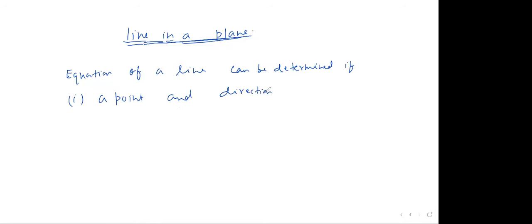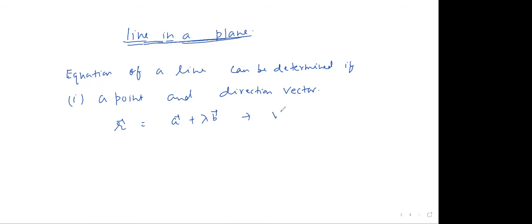We discussed all these things, so this is just a recap. A point and direction vector: r vector equals a plus lambda times b vector.